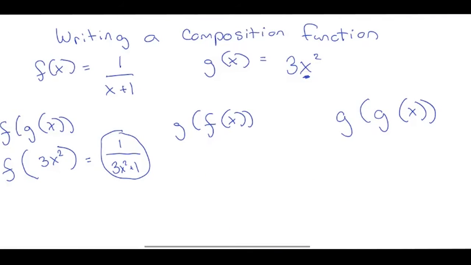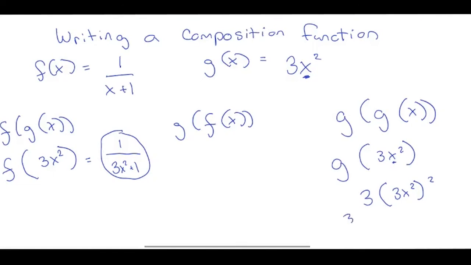So now we're going to do g of g of x. Okay? So let's do g of 3x squared. So now we plug that 3x squared back into where the x is in the 3x squared. So that's going to be 3 times 3x squared squared.